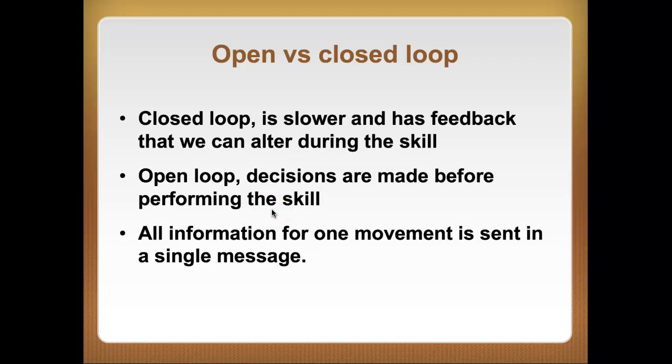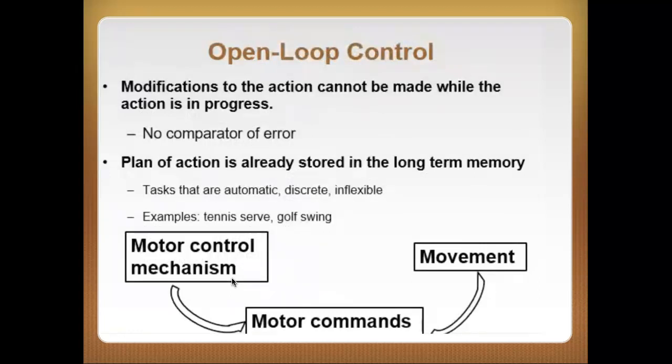Throwing a dart, swinging a hammer. All information for that movement is sent in a single message, especially if you miss and you hit your thumb. Boom. Yep, there's some closed loop feedback right there. So in closed loop control, the modifications for that action are made while the action is in progress. So this is that shorter one there.